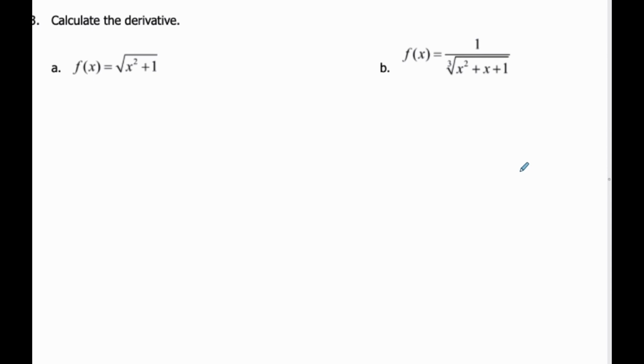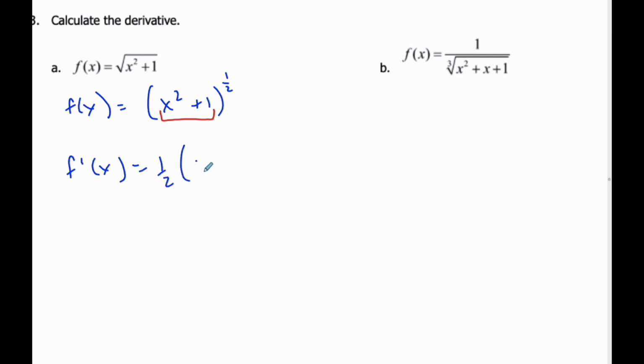Let's try a couple more examples here. So if I look at this, in order to do this, I'm going to first rewrite f of x as an exponent, so it's x squared plus 1 to the power of 1/2. And then I know that this is my inside. So my derivative is going to be the outside derivative, so the 1/2 comes down, times what's inside the function, subtract 1 from 1/2 is negative 1/2.